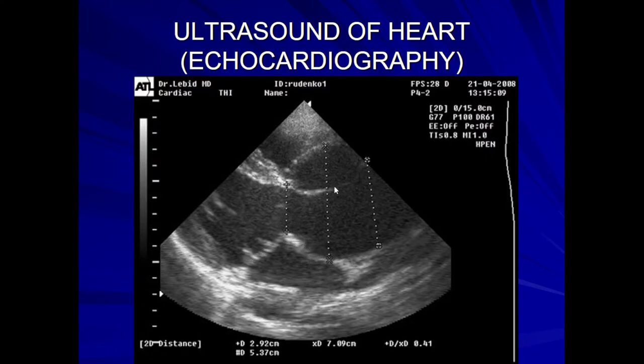All parameters include different functional parameters. We can check them during this method. Dopplerography is also a very interesting method.